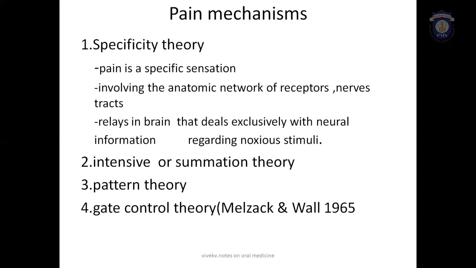Depending on the intensity of the stimulation, you can have simple pressure at one end, to intense pain at the other end of the spectrum. That is, if the stimulation is adding to one another, there is gradual buildup of intensity of pain, and pain can vary from pressure sensations to very severe pain. So that is one theory. That also could not explain all aspects of pain.